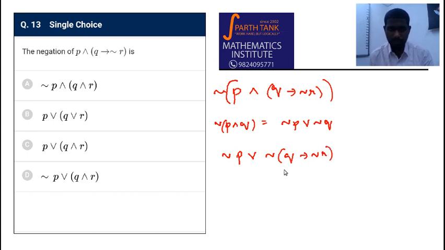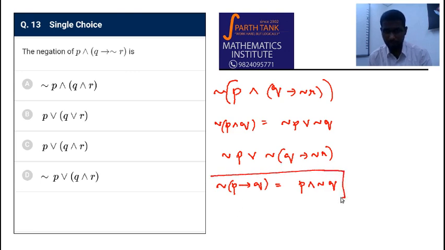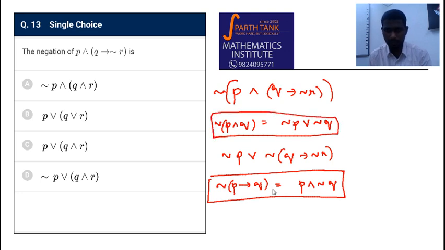And then we also know that negation of (P implies Q) is nothing but P and not of Q, right? So using this here, these are identities. We are using these to simplify, right? Do not get confused.